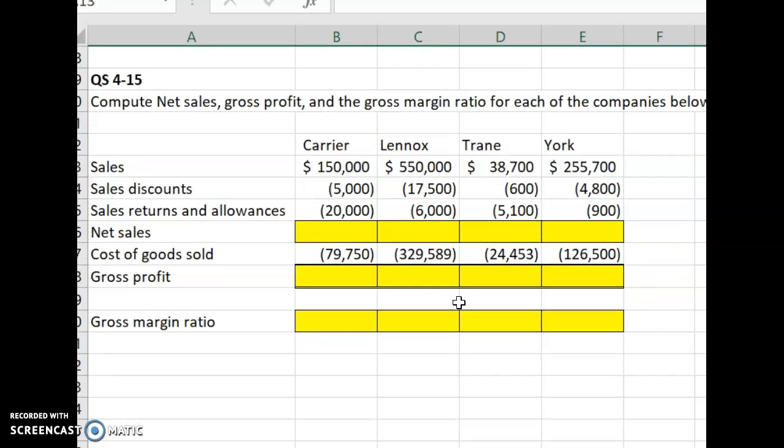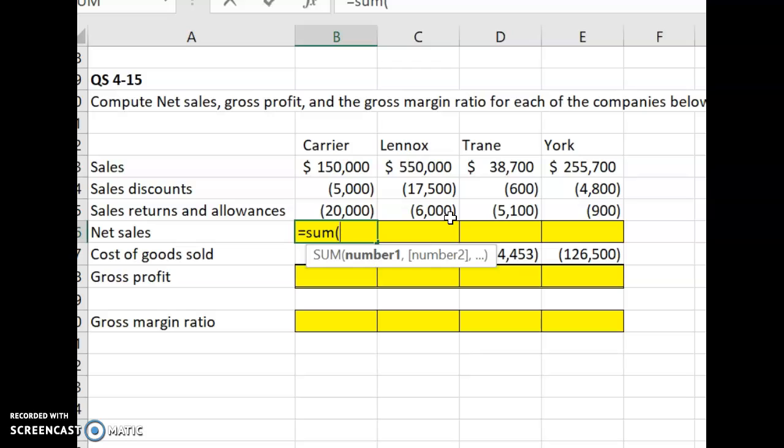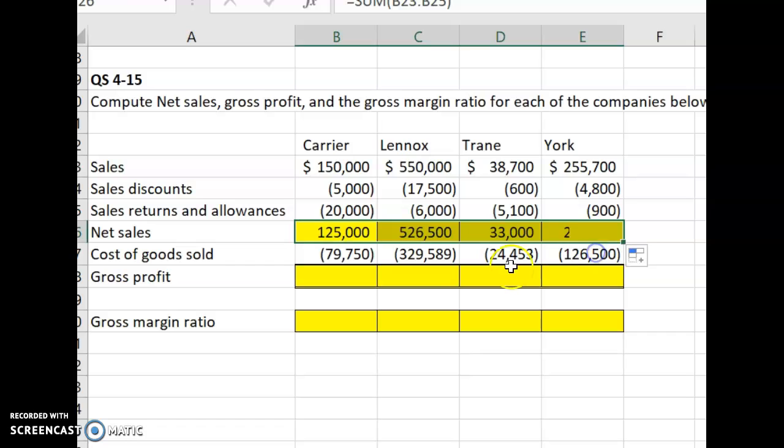The next problem asks you to compute the net sales and gross profit for the company below. So let's go ahead and compute our net sales, and we're just going to sum that. Once you've done it for one, you can just drag that across.